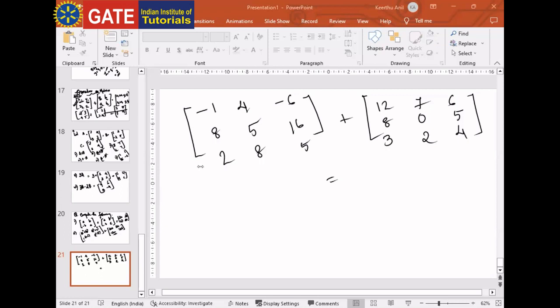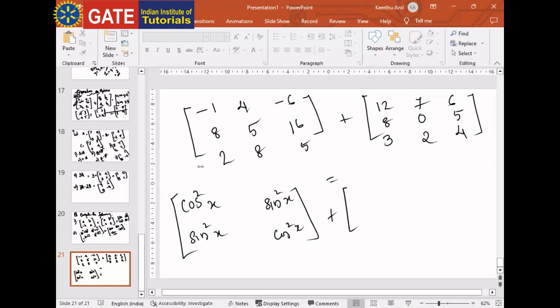Write this question. cos square x, sin square x, sin square x, cos square x. This is the first matrix, okay?